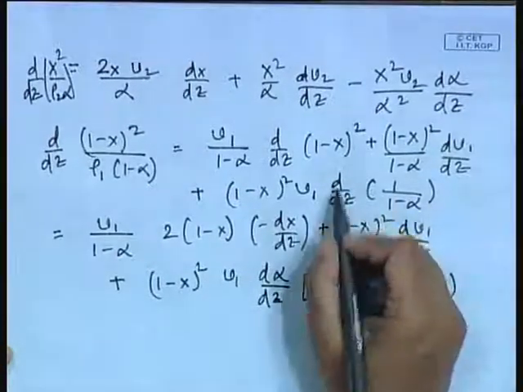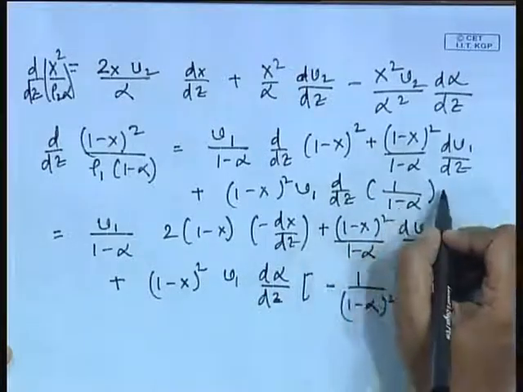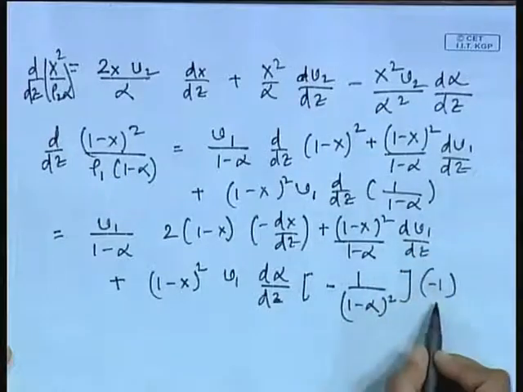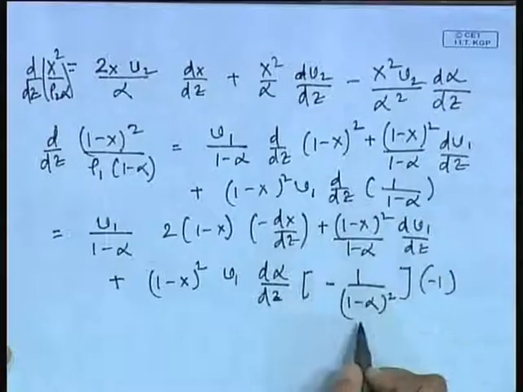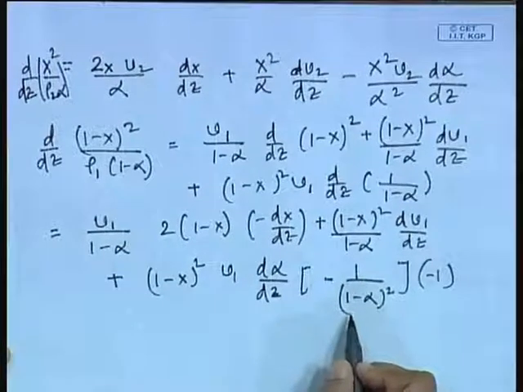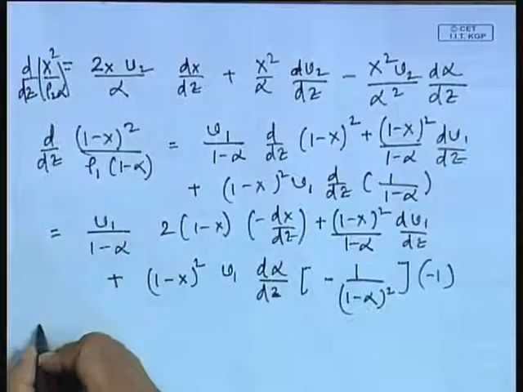this term can be written as d d alpha of 1 by 1 minus alpha into d 1 minus alpha dz. Okay. So, d 1 minus alpha dz gives you minus 1, and the other part differentiation gives you this, right. These parts, please derive on your own and then try to find it out.